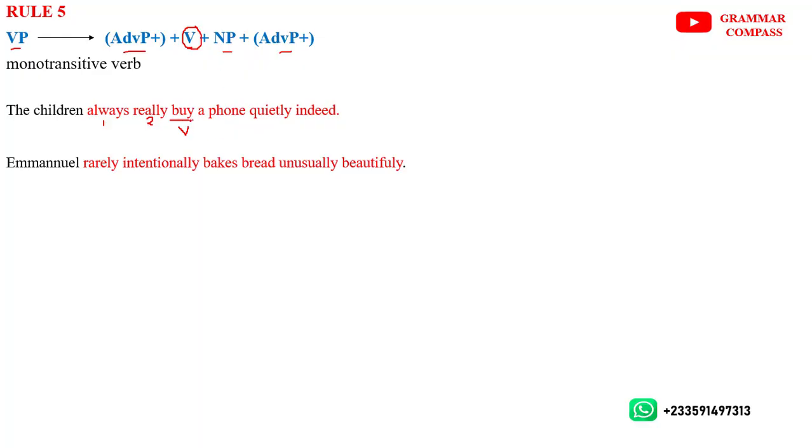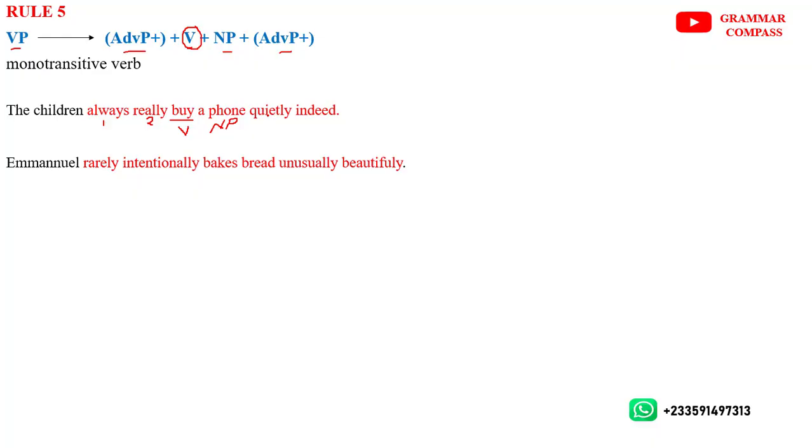This is because buy is a monotransitive verb, so it would demand a noun phrase serving as the object. Therefore, we have our NP over here as a phone.